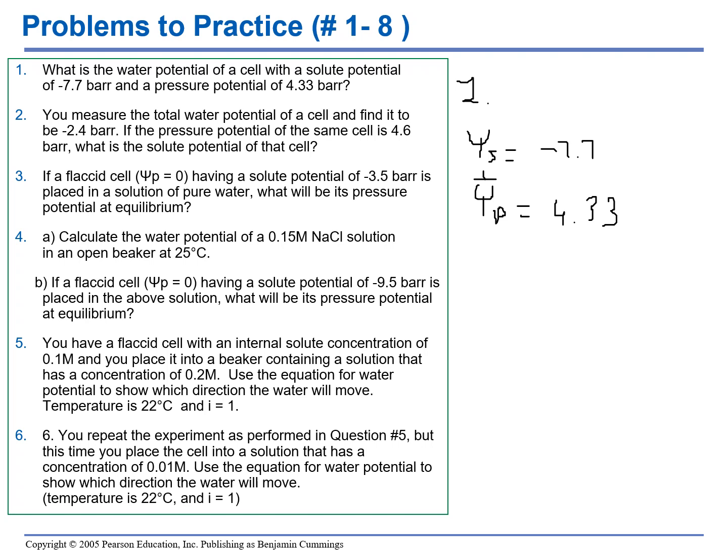For number 2, to find the solute potential of the cell, how we would do this is you know that your water potential is negative 2.4, and your pressure potential is 4.6.